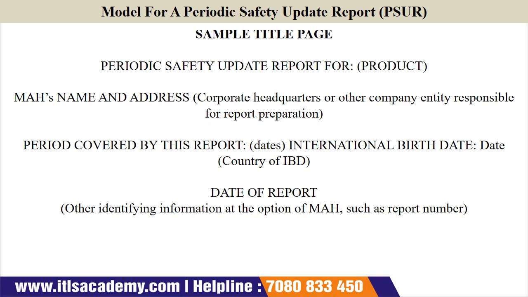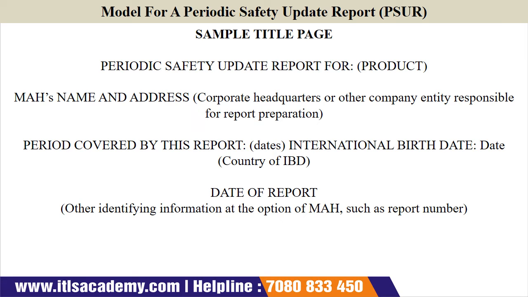The sample title page contains the periodic safety update report. The first line is the periodic update report for so-and-so product. So the product name comes, after that the MAH's name and address, that is the corporate headquarters or other company entity responsible for report preparation.